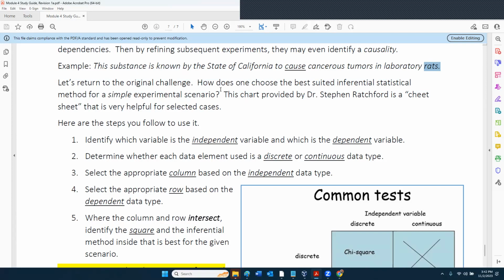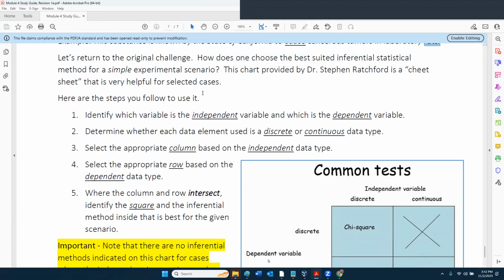And he explained some things about how the inferential statistical methods can work in a very straightforward manner. The trick is to identify the variables based on which one is independent and which one is dependent.